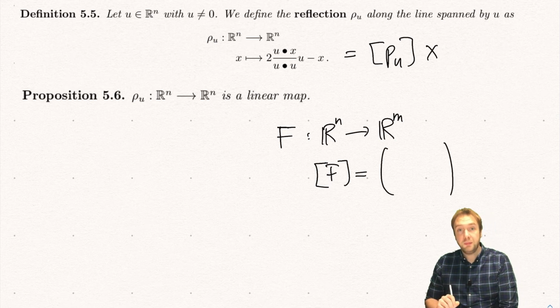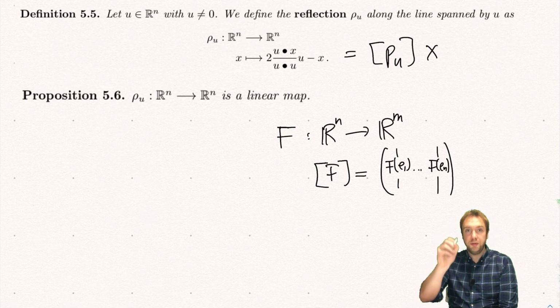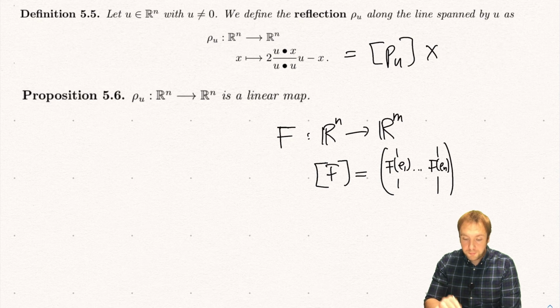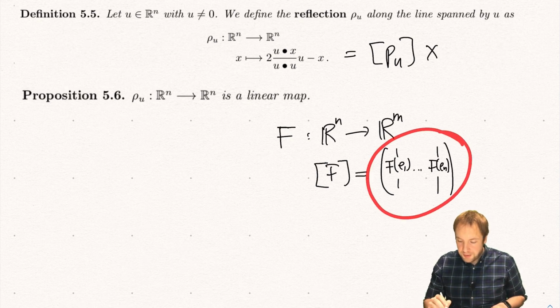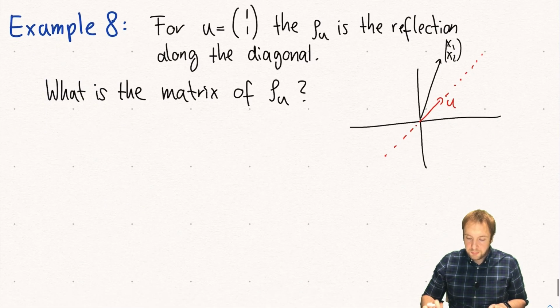I can write it down explicitly by evaluating F at these unit vectors e1 up to en. So e1 was just the vector (1, 0, 0, ..., 0), e2 was the vector (0, 1, 0, ..., 0), and en was (0, 0, ..., 0) and then at the end a 1. So to write down the matrix, we can evaluate this explicitly just at these simple vectors. So let's do this here.